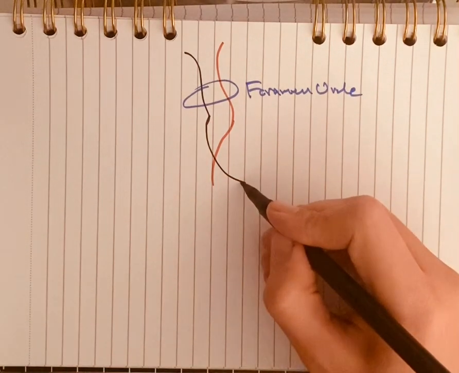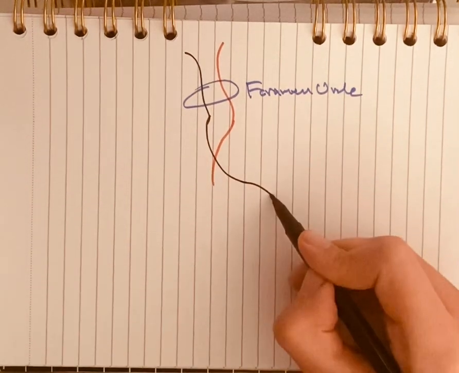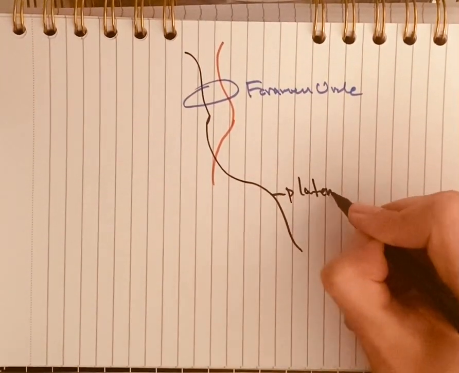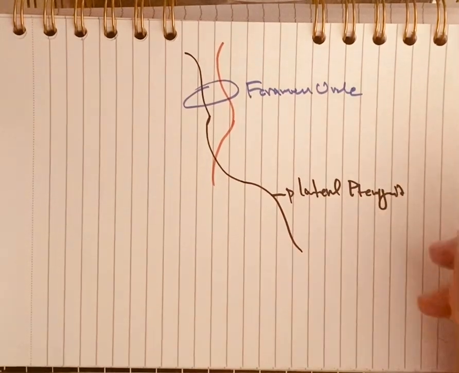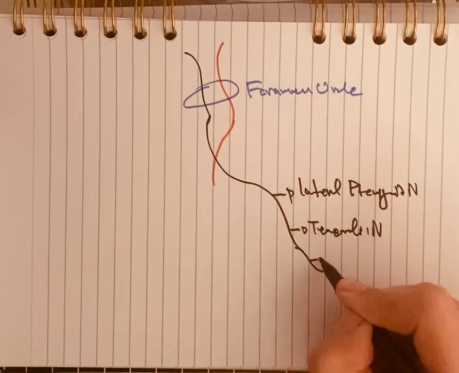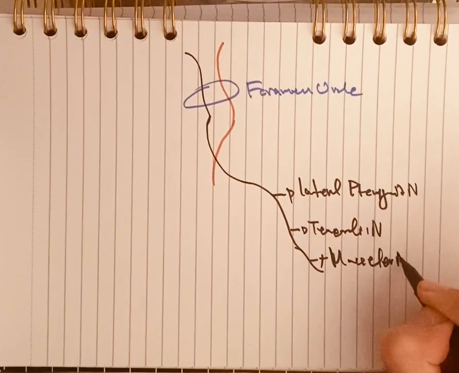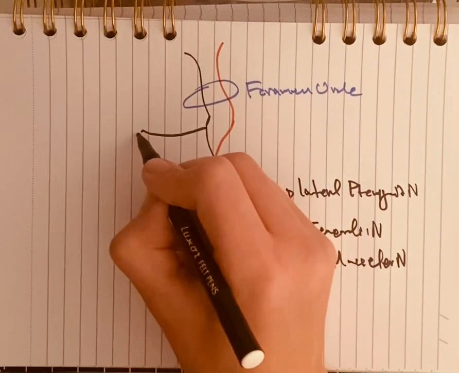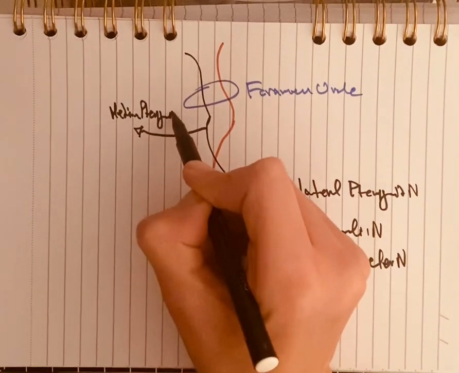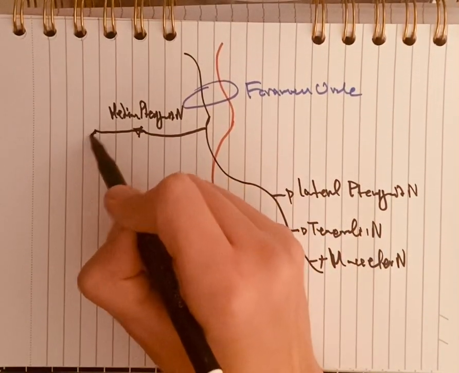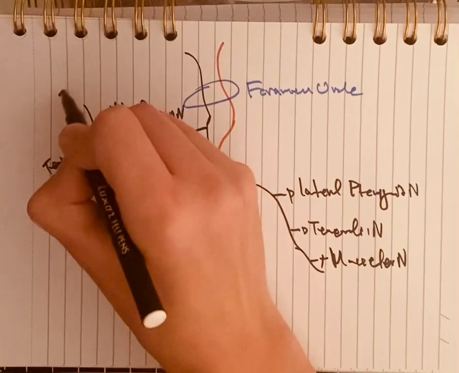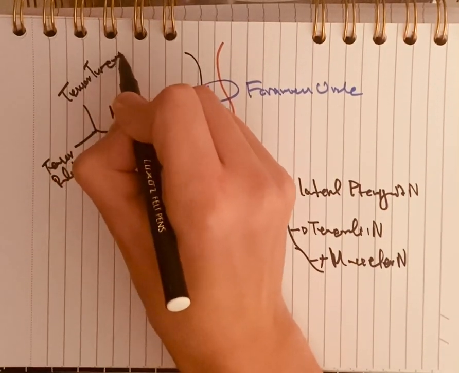The motor nerve, as it goes down, gives rise to the lateral pterygoid nerve, the temporalis nerve, and the masseter nerve, and continues from here and gives the medial pterygoid nerve branch that continues and breaks into two nerves, the tensor palatini and the tensor tympani.